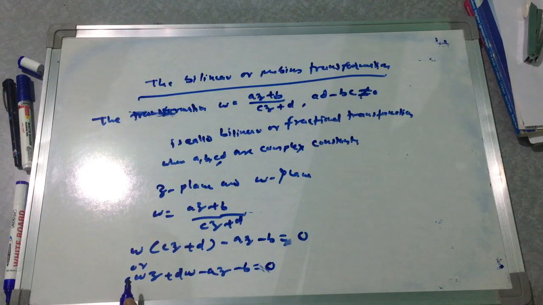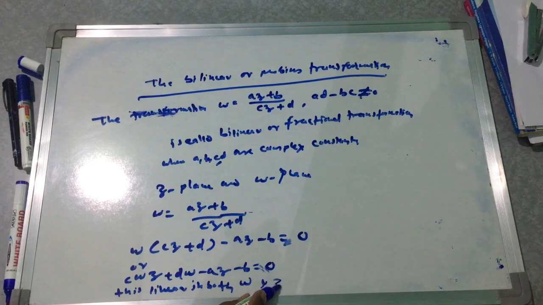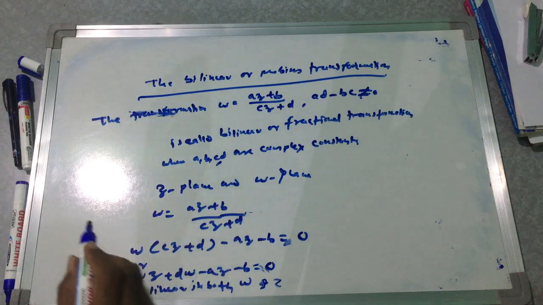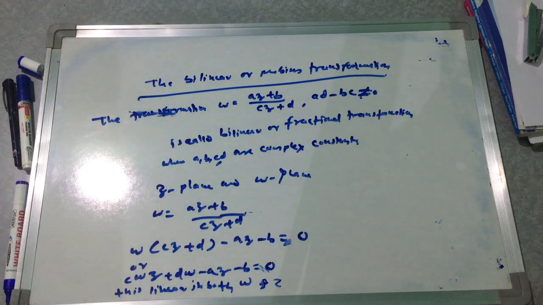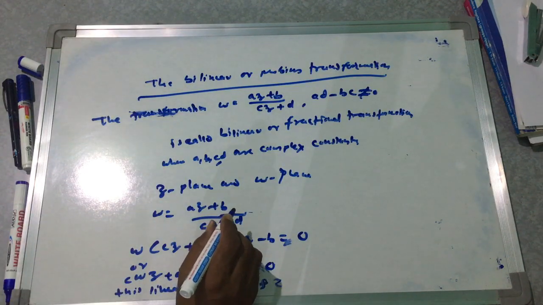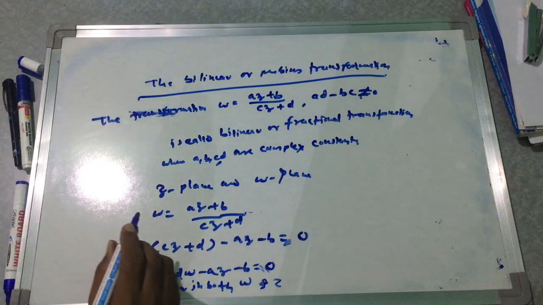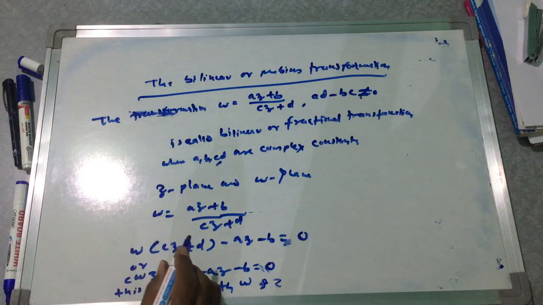This is linear in both W and Z. Hence the name bilinear, for W is equal to (AZ plus B) upon (CZ plus D).